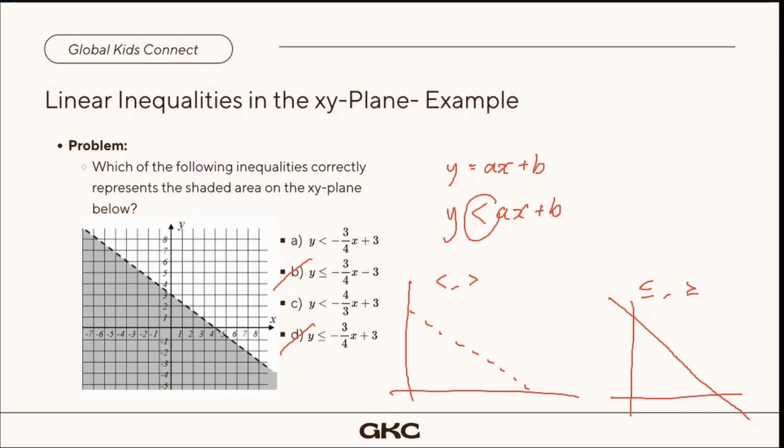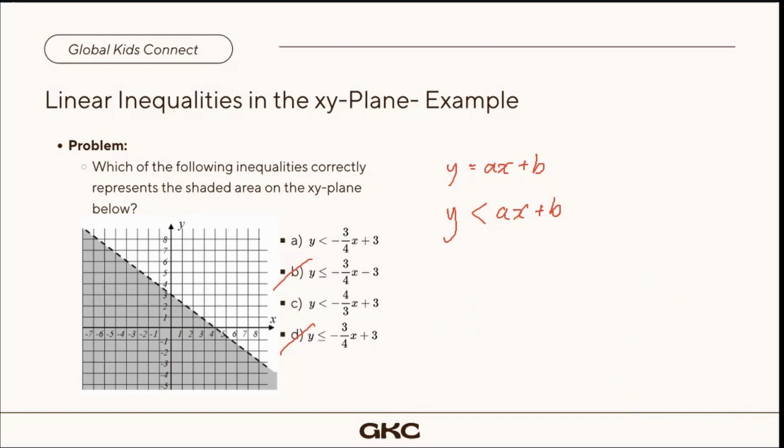And so now that we got that out of the way, we can move on with our question. Because now we know it will be less than, which corresponds with our answer choices both having less than inequalities, we can now try to find the linear equation itself. Like we did for linear equations in our previous class, we can find the slope by saying, let's say the variable for the slope is a, the change in y over the change in x.